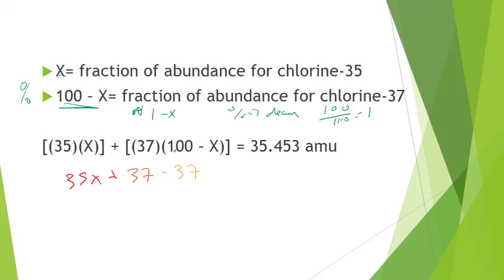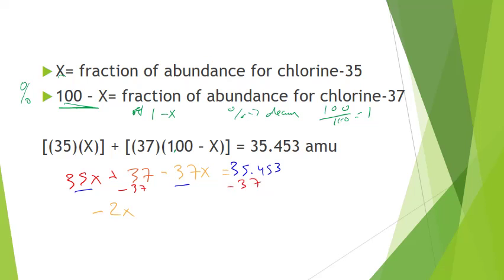minus 37x is equal to, I just like colors, 35.453. All right, so now we have to simplify. So 35x minus 37x is negative 2x. And on this side, if we have a plus 37, we have to have a minus 37, so we minus 37 over here.